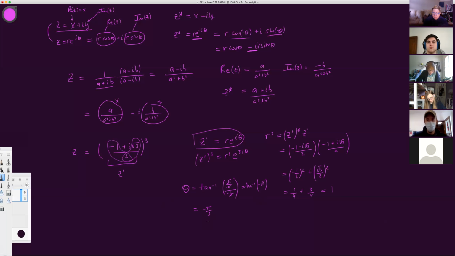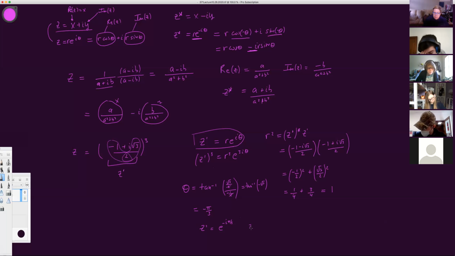Okay. So far, so good. So now I know what my z prime is. So z prime is equal to r, which is 1, times e to the minus I pi over 3.